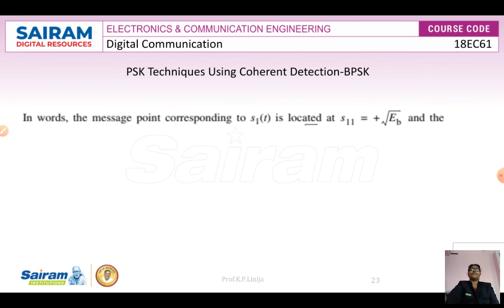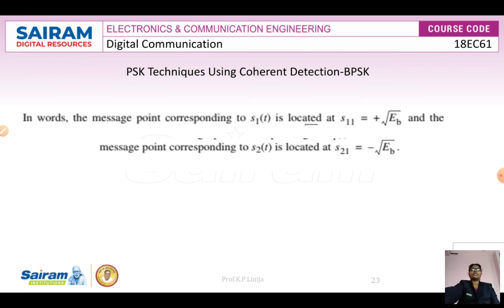So the message point corresponding to S1 of t is located at S11, an amplitude of plus root EB, and the message point corresponding to S2 of t is located at S21, that is minus root EB.